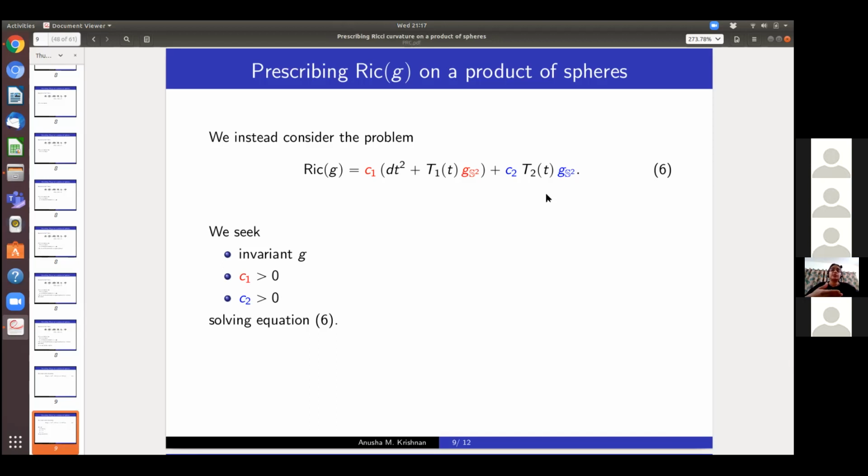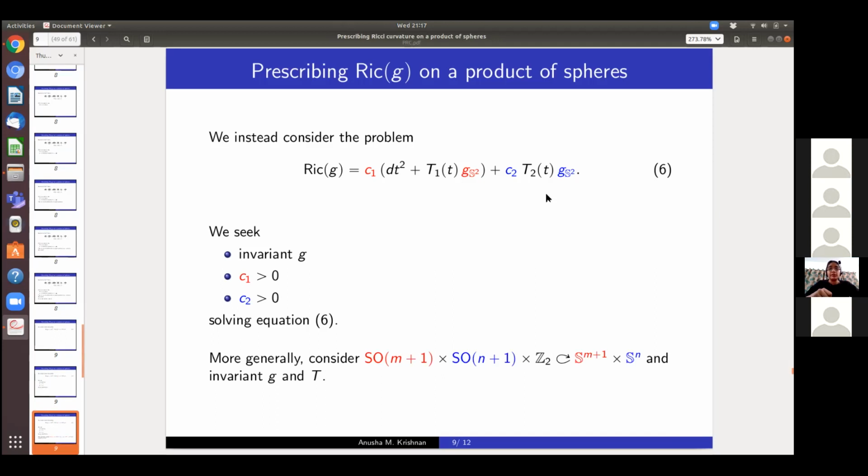And the discussion on the previous slide suggests that even in the case where what we're looking at is not metrically a product, it still suggests the need for two scaling constants. More generally, we consider similar actions of products of orthogonal groups on products of spheres in higher dimensions. Again, we have an invariant metric T and ask to prescribe that as the Ricci tensor of some invariant G.